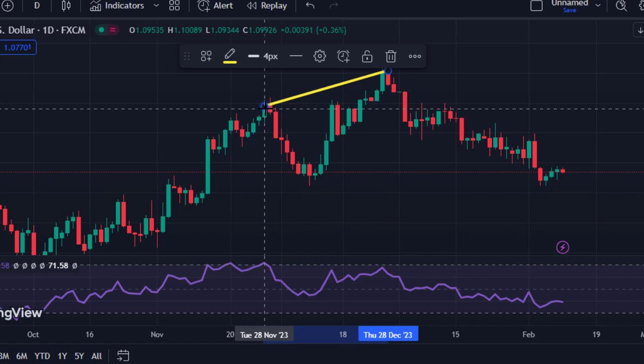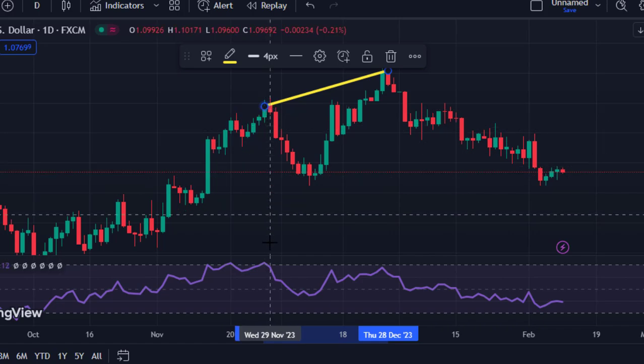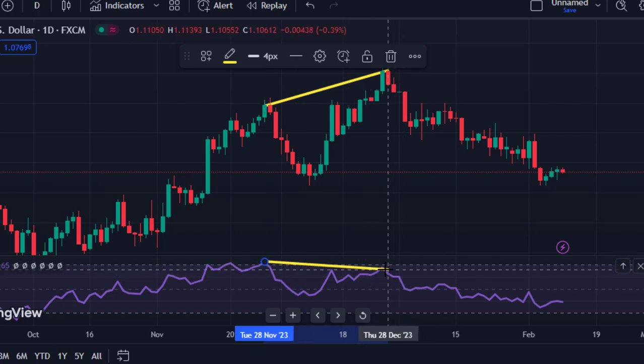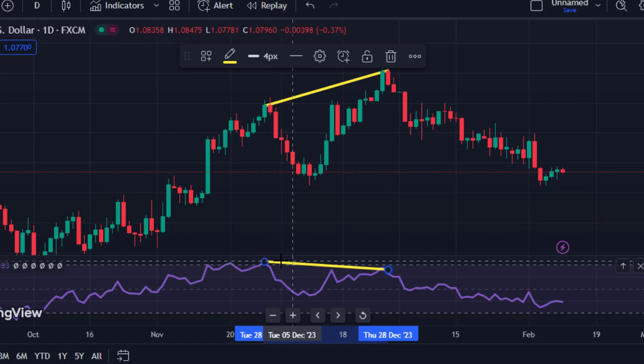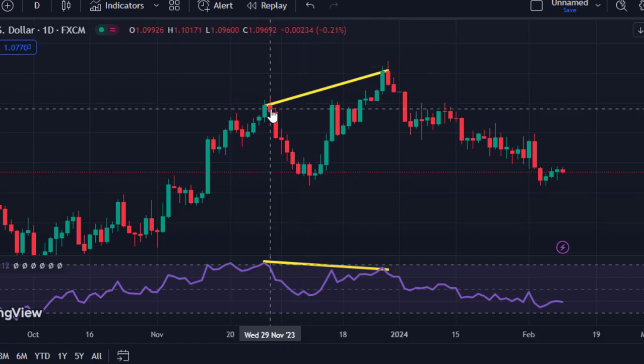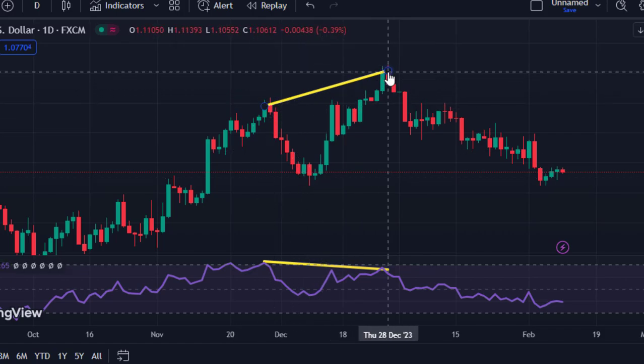If you connect the exact same points on the indicator from this very point to this very area, you discover that the market is creating a lower high. Okay, so the market is coming back down. So if you follow the trend line, the market is sloping downward on the indicator, and the market is moving upward on the price chart.